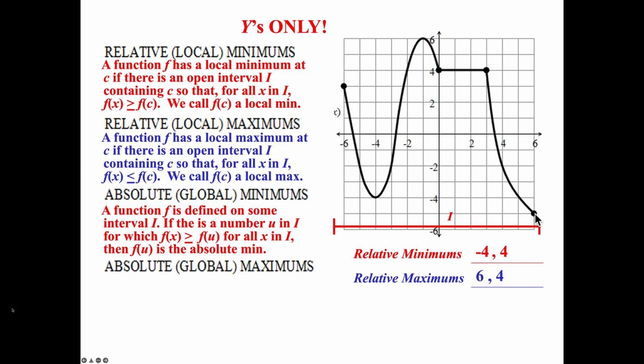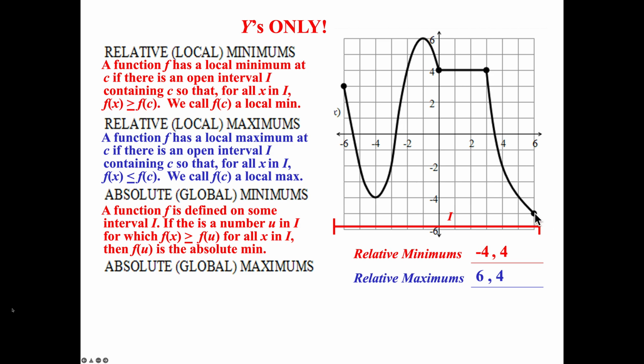And it's this endpoint right here. Absolute max and mins can be the endpoint. Endpoints are never for relative or local max and mins. Remember, local or relative max and mins has to be a turning point. Absolute or global max or mins is any point.